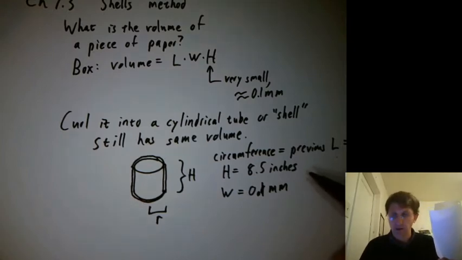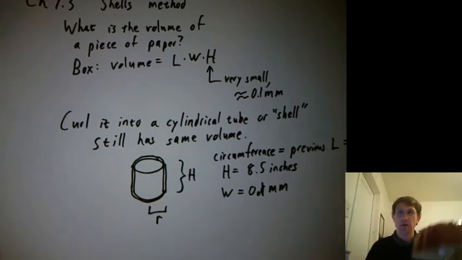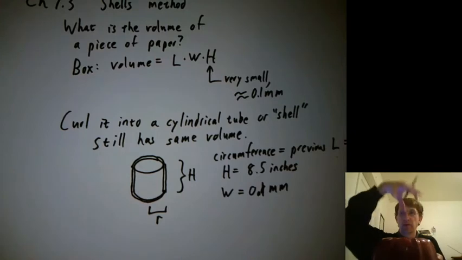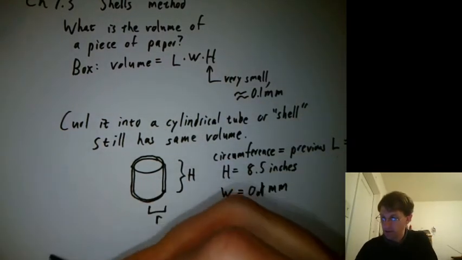And then the question is, what am I going to do about approximating this thing? I'm going to imagine slicing it up into a bunch of concentric cylindrical shells, each with its own height.